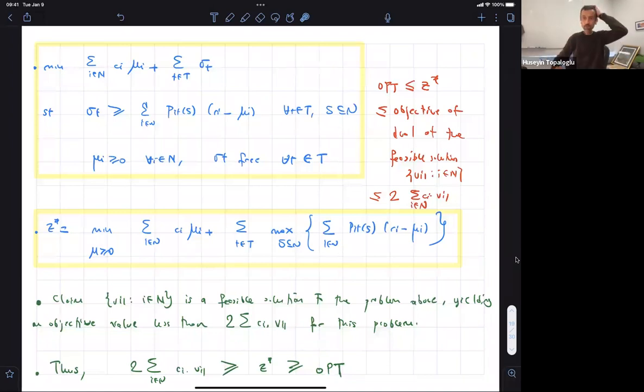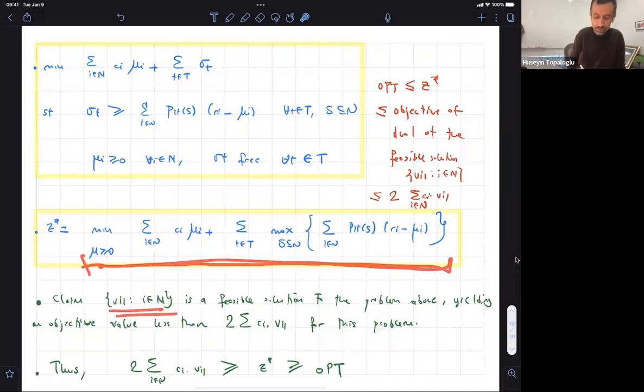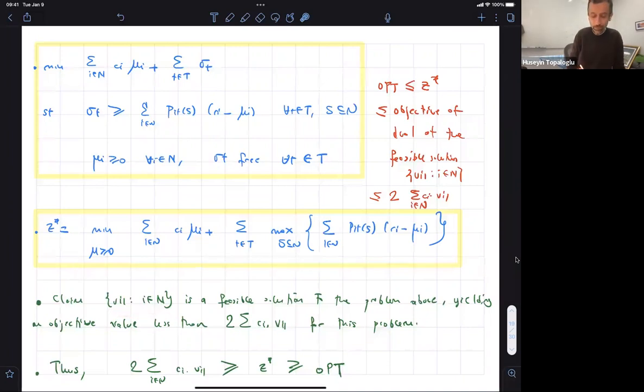Good. And let's go ahead and do this. Let's go ahead and finish this up. First of all, are these VI1s feasible to this problem? What is the only feasibility constraint that I have on this problem? Mu's should be non-negative. And so all I need is for VI1s to be non-negative.